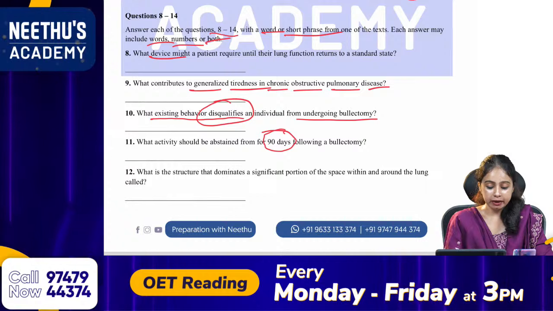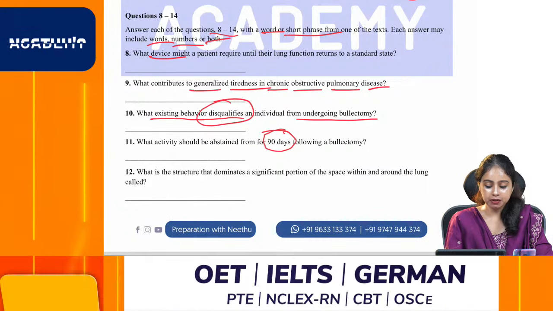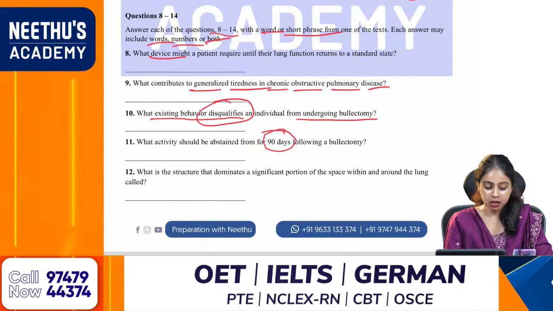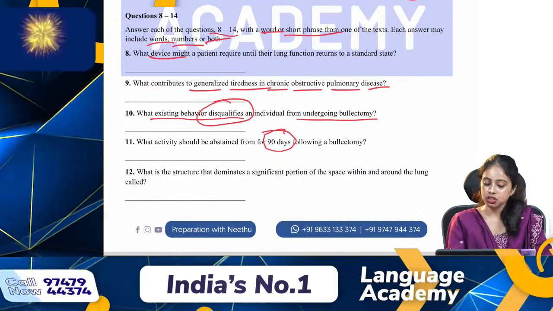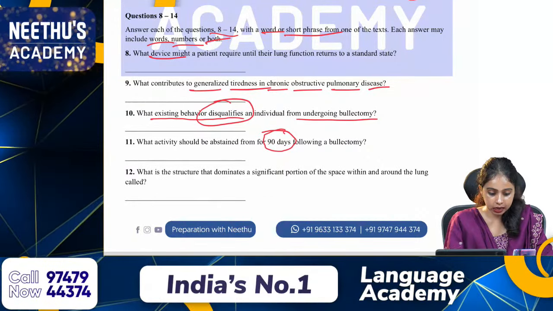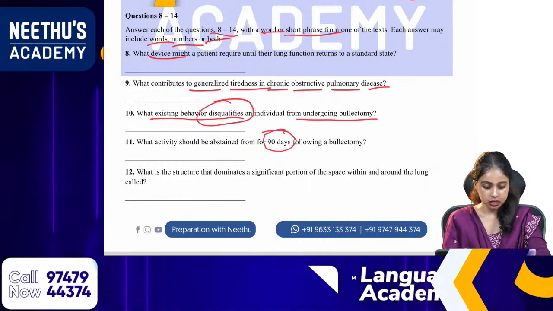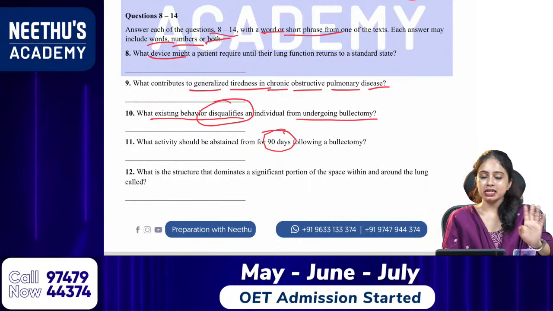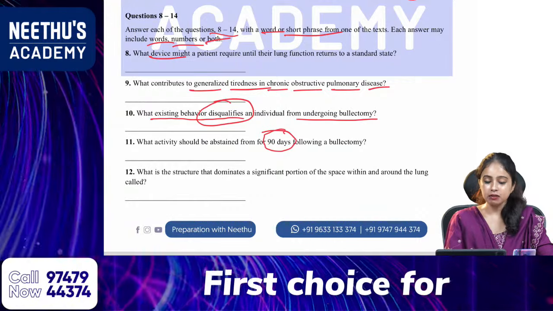Okay, so what about the 11th one? What activity should be abstained from for 90 days following bullectomy? Okay, that is air travel. 11th question, very good. Deepthi, air travel, Kavita, air travel, Anu, air travel, Shiny, air travel, very good. The answer is air travel for the 11th question.